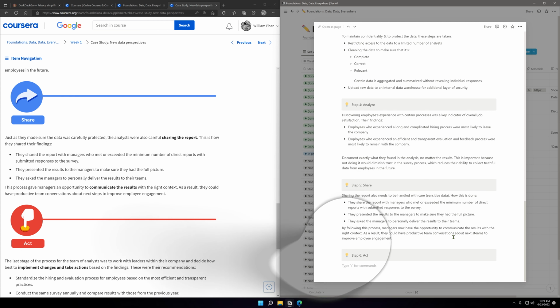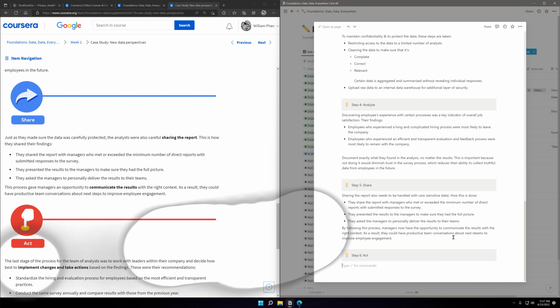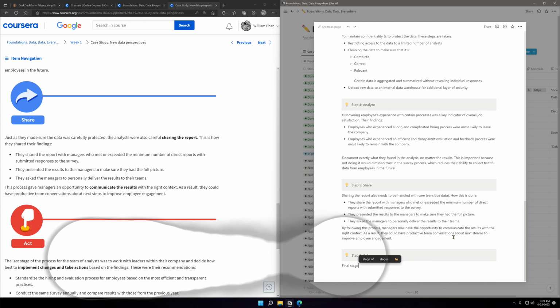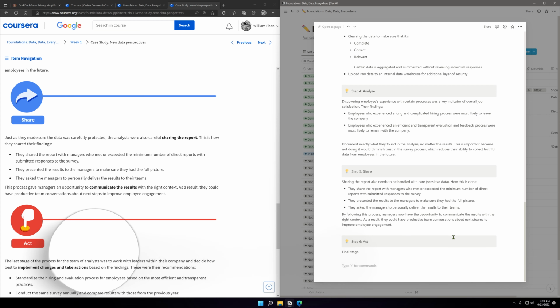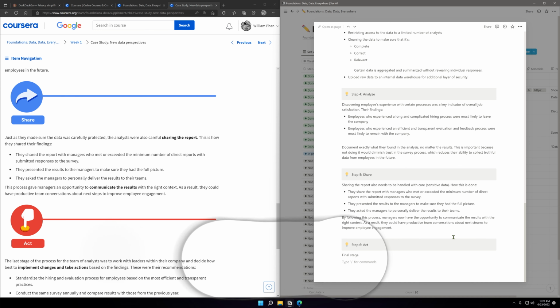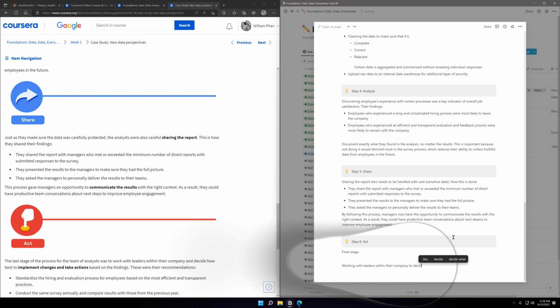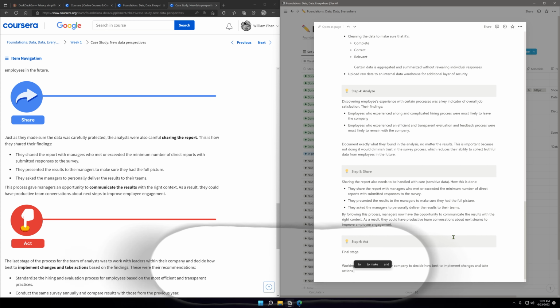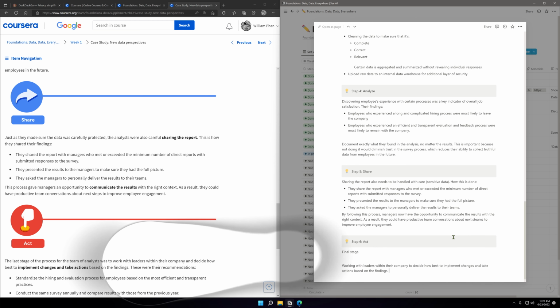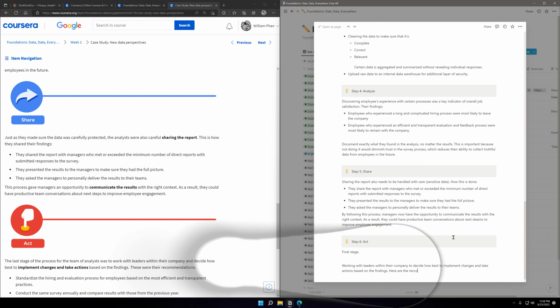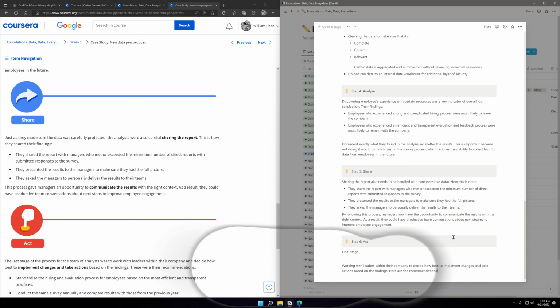Well, step 6, act. Final stage. Working with leaders in the company to decide how best to implement changes and take actions based on the findings. Here are the recommendations.